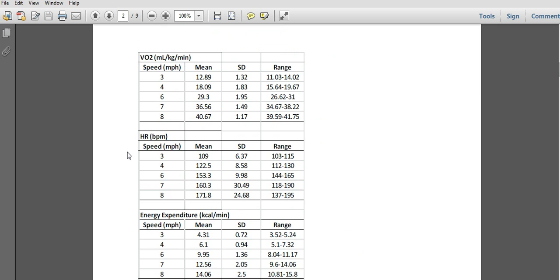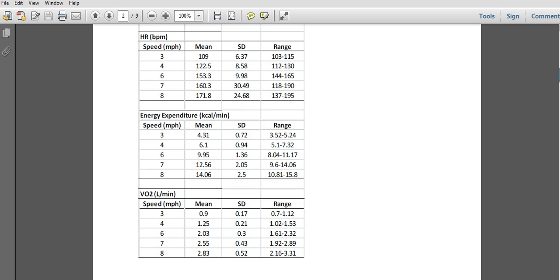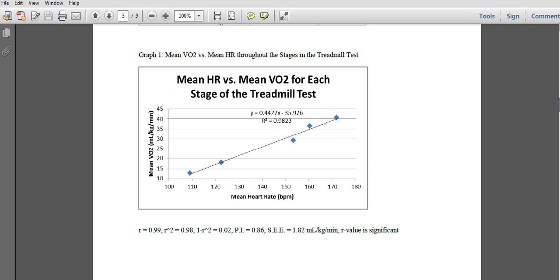So heart rate at 3, the mean heart rate at 3 is 109. So that's what you'll put in your first data point in your Excel sheet. So 109 at the first mile per hour, and then the second mile per hour, you'll plot that, and so you'll just list those in a column in Excel. Then you'll list the mean VO2, which you also have up here.